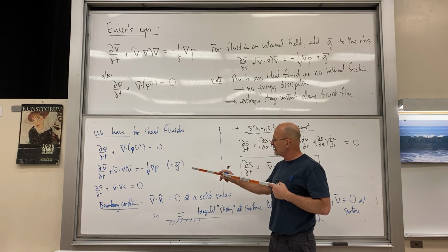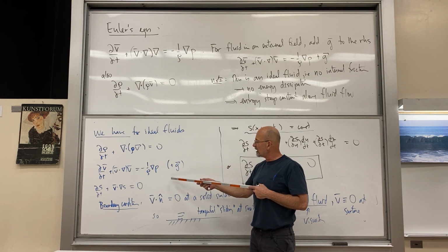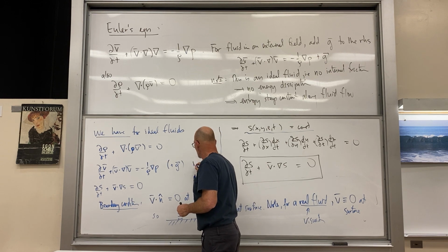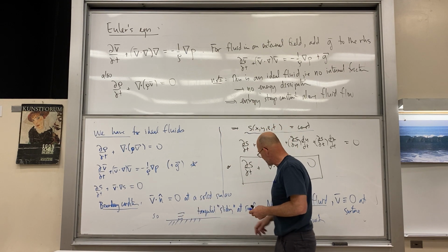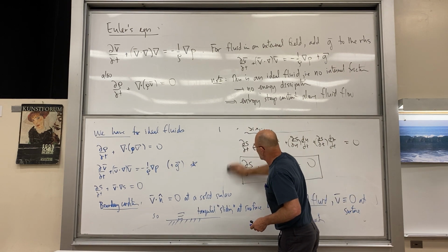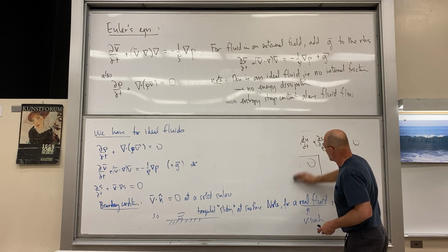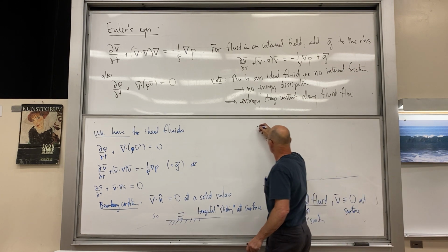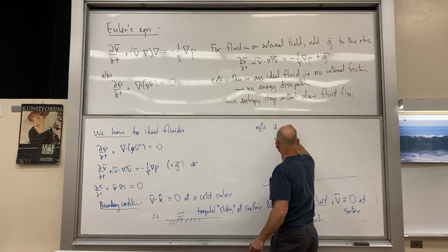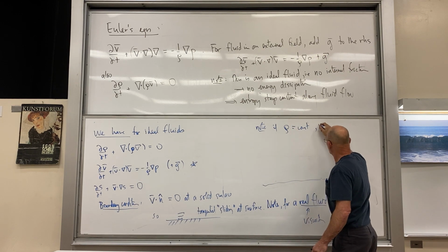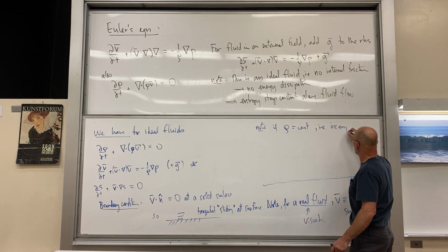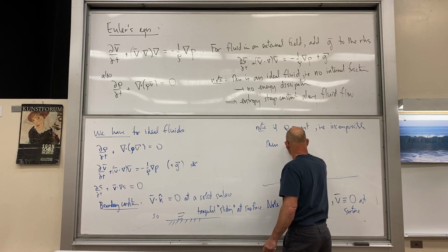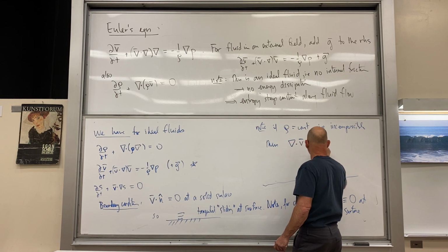The very interesting case of the incompressible fluid can simply operate with this equation. So if you have an incompressible fluid, I may as well write that down too. This note goes under these right here. So also we're noting, if rho is equal to constant, so we have an incompressible fluid, then divergence of v equals 0.